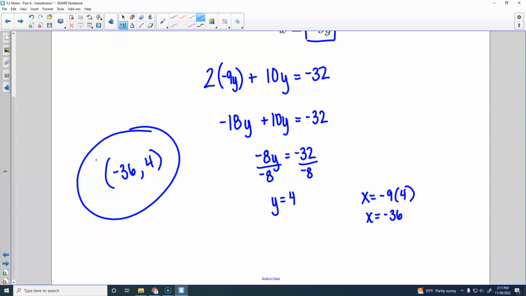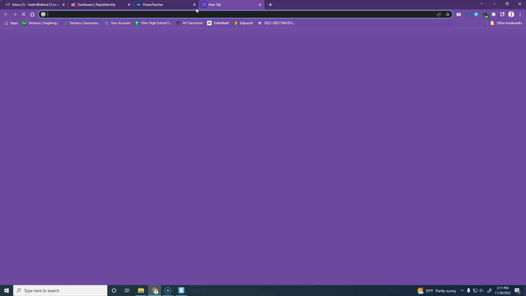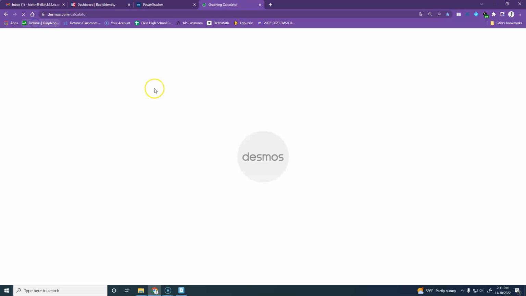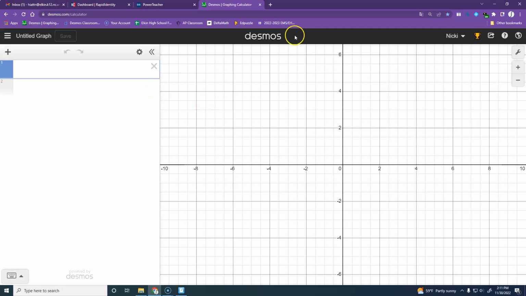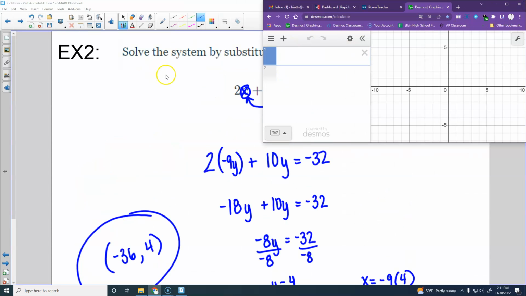You can see both of these we've done so far would be difficult to graph because their intersections are really big numbers, right? Now, if you see something like this on the final exam, the EOG, if it is calculator active, watch this. This is what's great about Desmos.